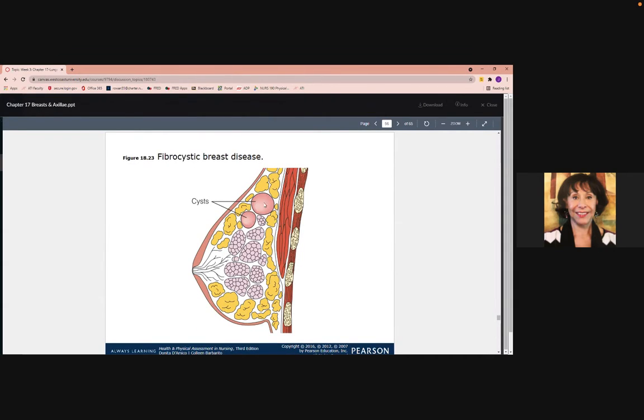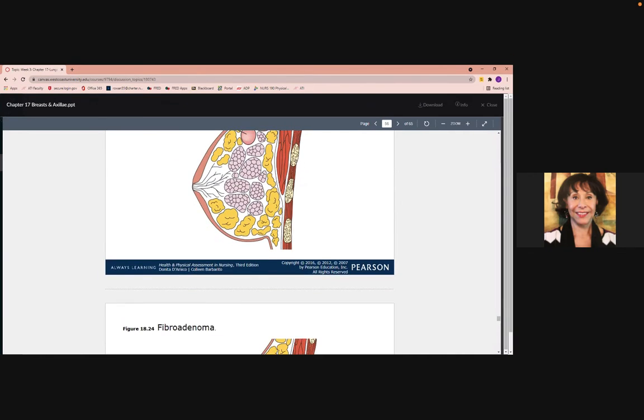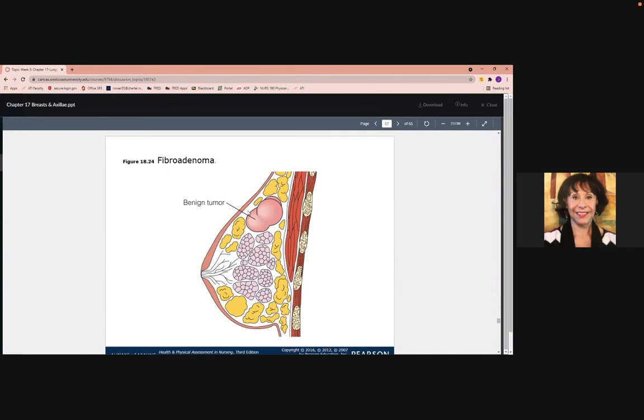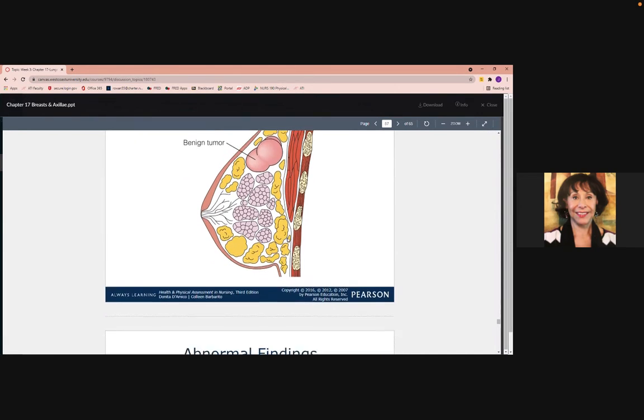Sometimes these cysts contain fluid inside, and the doctor can put a syringe in, withdraw the fluid, and send it to pathology to find out whether it is cancerous or not. Sometimes the cyst can be solid. And this is how a benign tumor will be, which is a fibroadenoma.